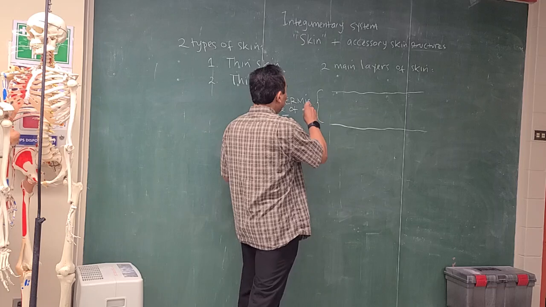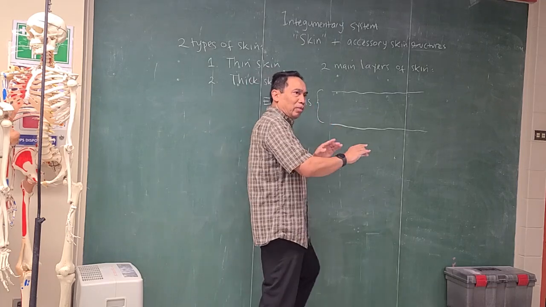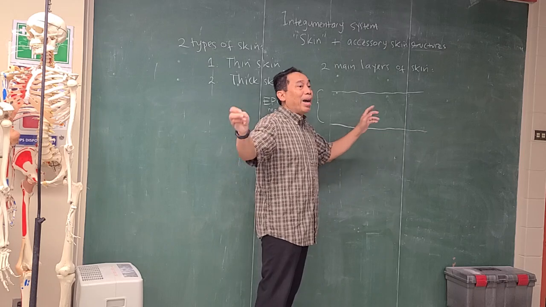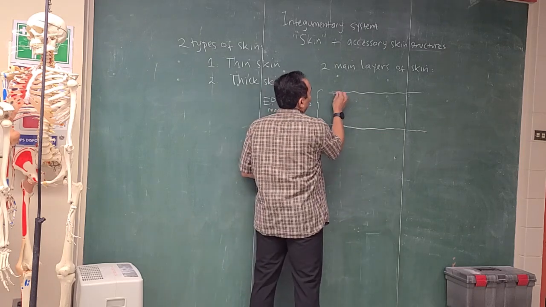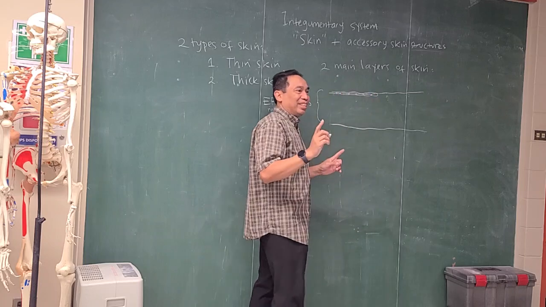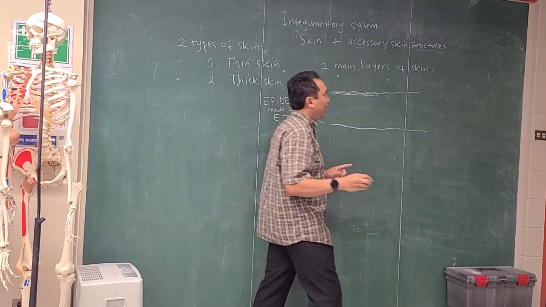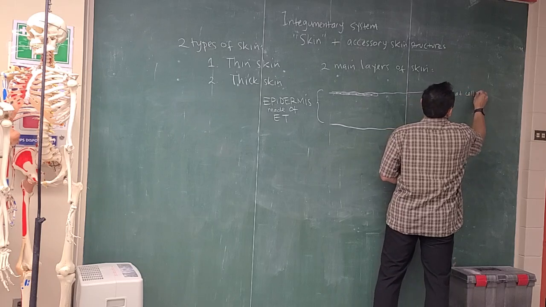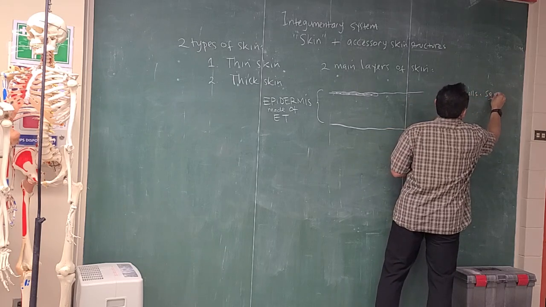Remember, ET consists of many cells that bind together or are separated? Bind together. The cells are bound together. The cells are mostly flat. So flat cell is also known as squamous.